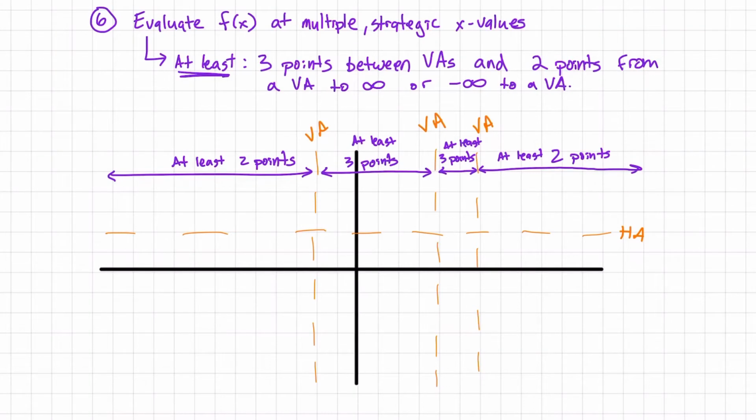It'd be good to pick one that's closer to a vertical asymptote and one that is further along. But sometimes you might need to pick more than 2 or 3 points, as you'll see in today's examples. Basically, you want to pick enough points that you understand what's happening with the graph, so you don't miss any weird twists or turns in the graph.